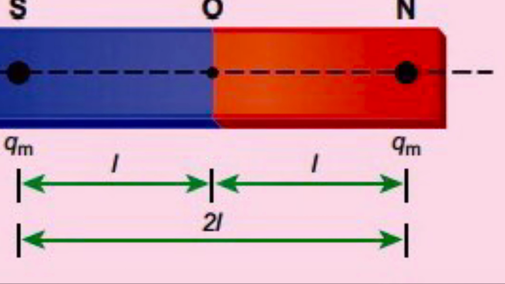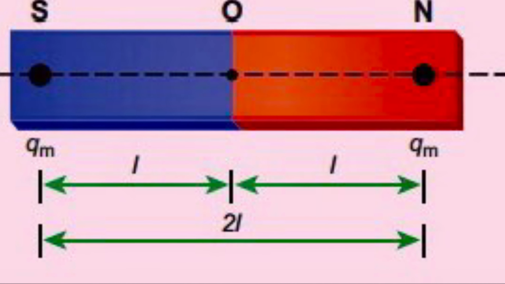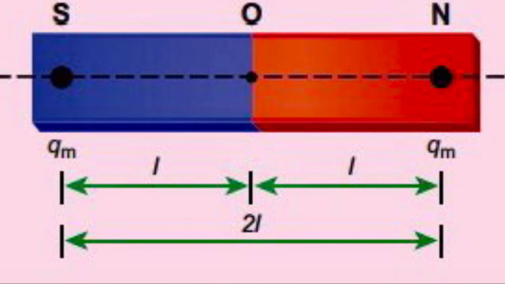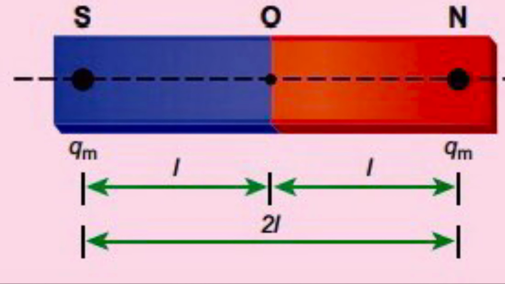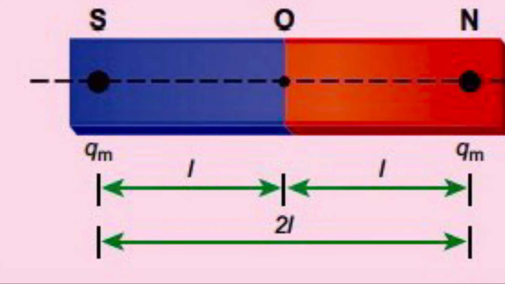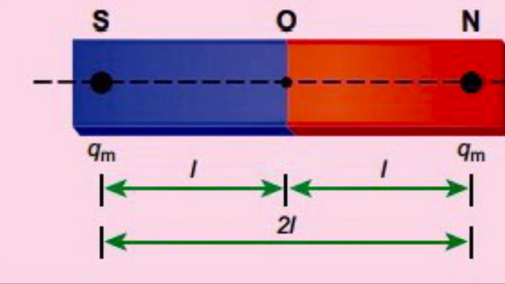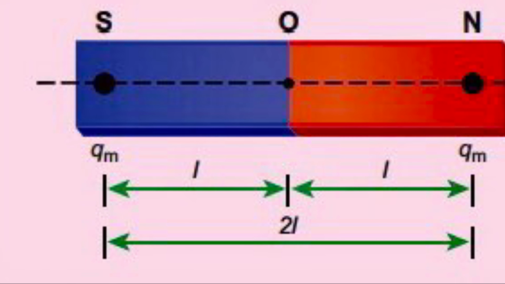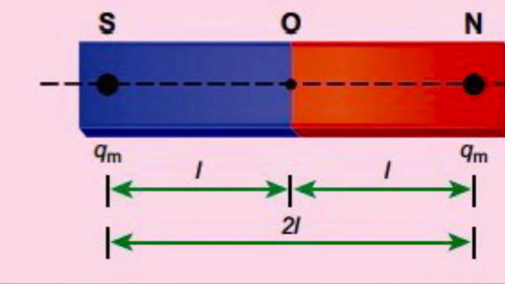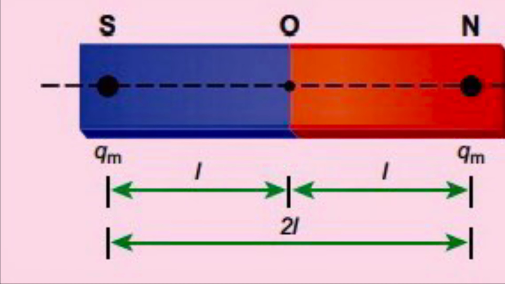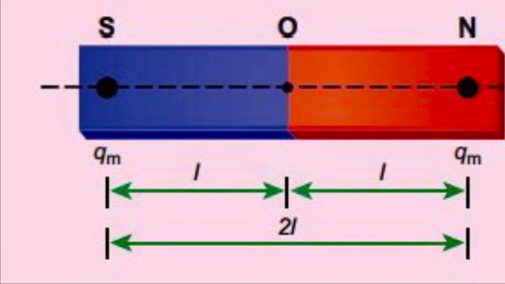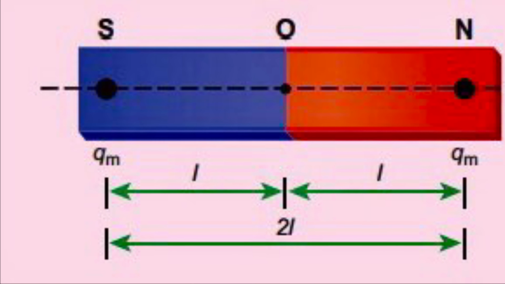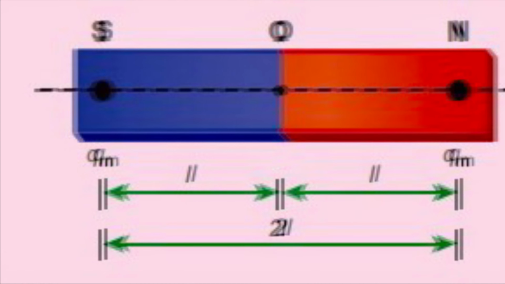That is, it has direction only from south to north pole. In SI units, it has the dimension of AL squared and the unit ampere meter squared.